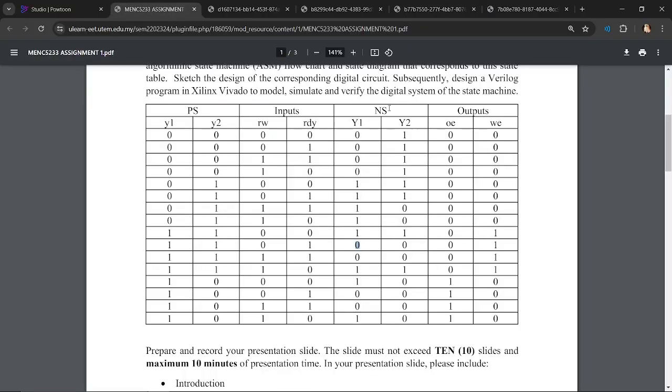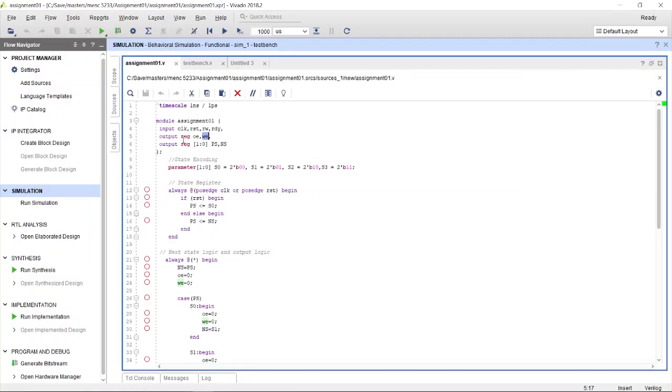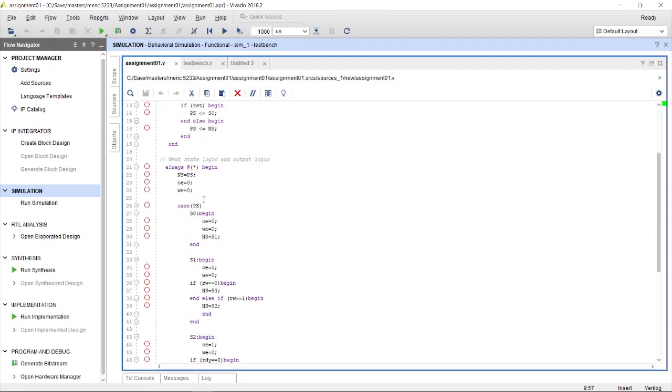I also want to measure the present state and next state.